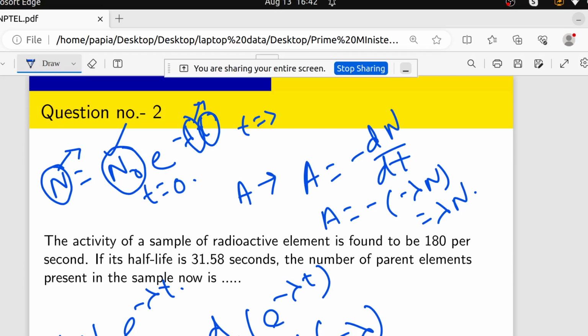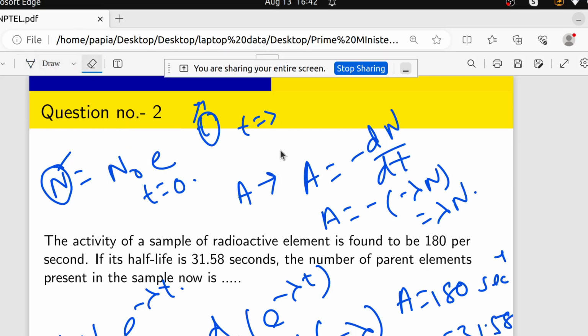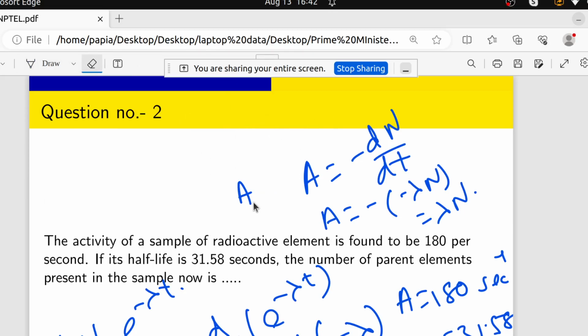So in that question A is given as 180 second inverse, because it is per second, and t half is also given. T half is 31.58 seconds, right? So there is an expression between t half and lambda. Let me clear this.